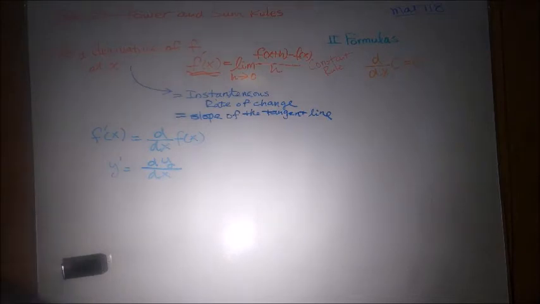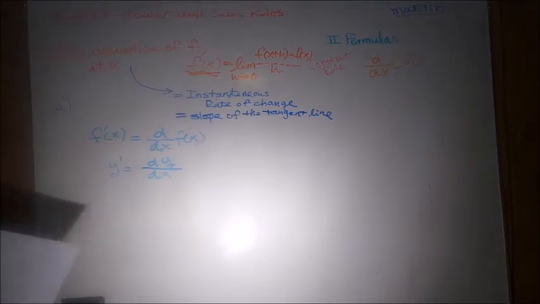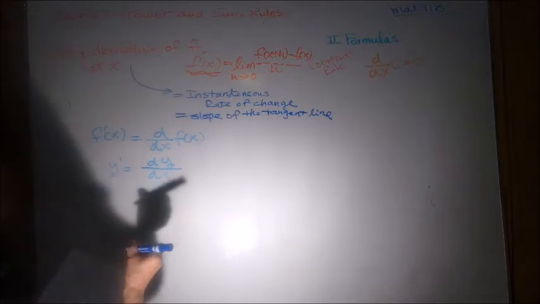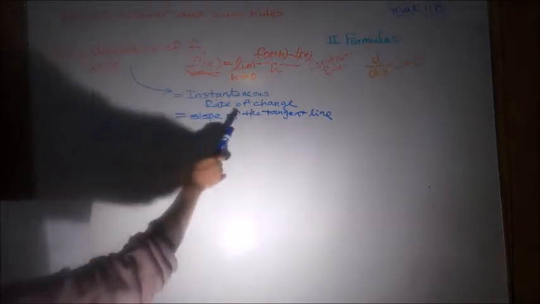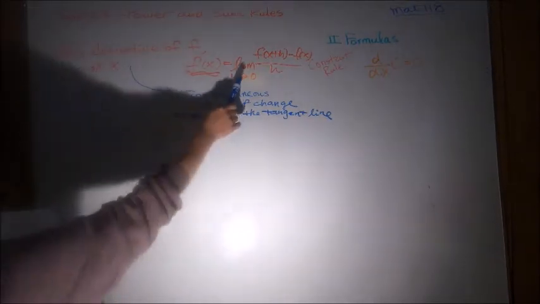Okay, so let's come back to page 30. Here is the review. We are saying the instantaneous rate of change at x, at this point, is this way.